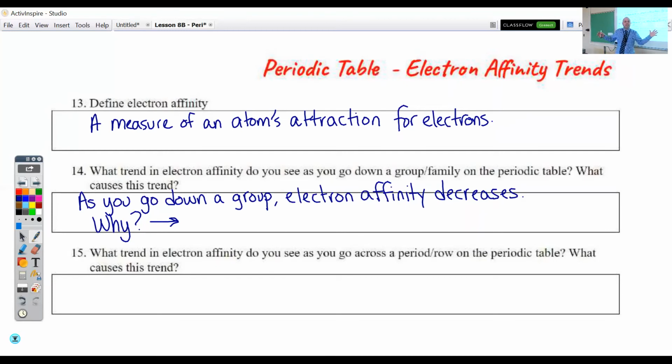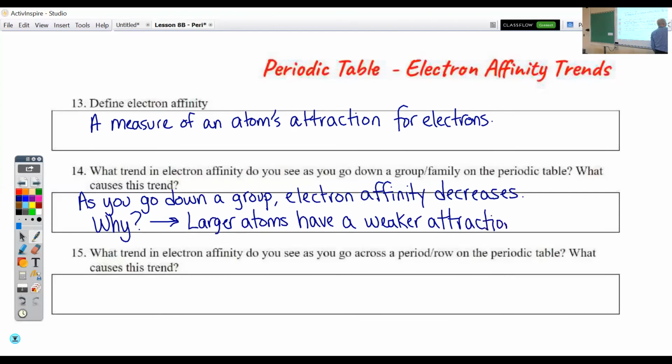So the larger it is, the weaker the attraction. We're going to say larger atoms have a weaker attraction for electrons.